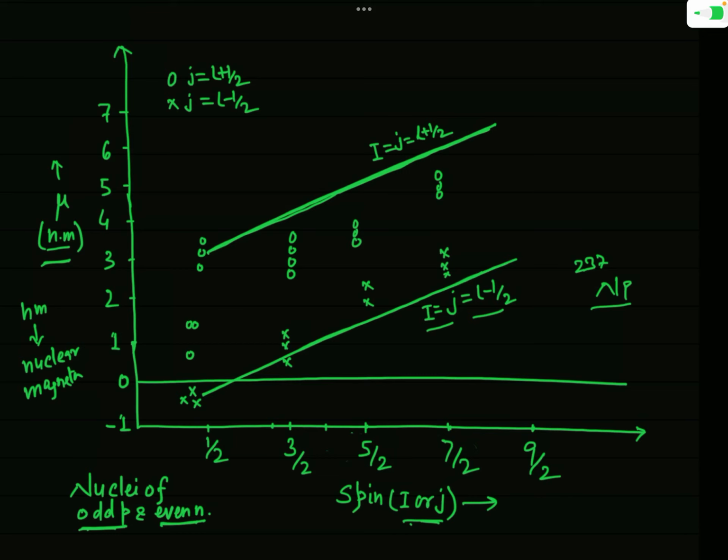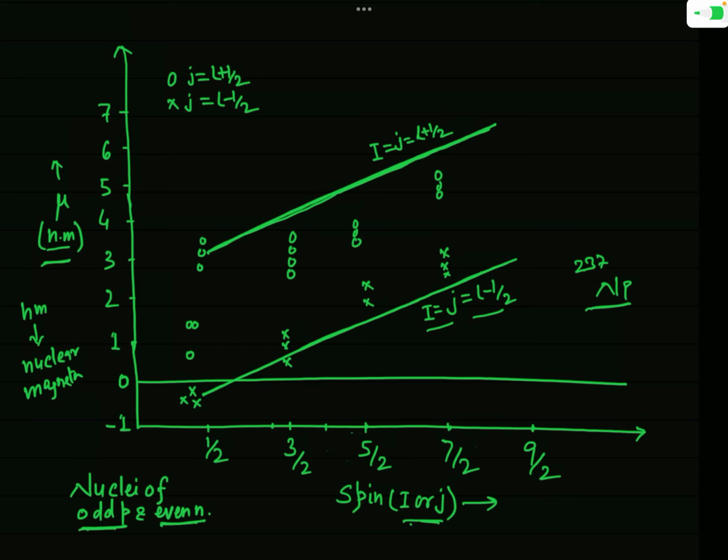It means the magnetic moment of this nucleus is not between these two lines. All other nuclei, except some lighter nuclei, have the magnetic moment lying between these two lines.